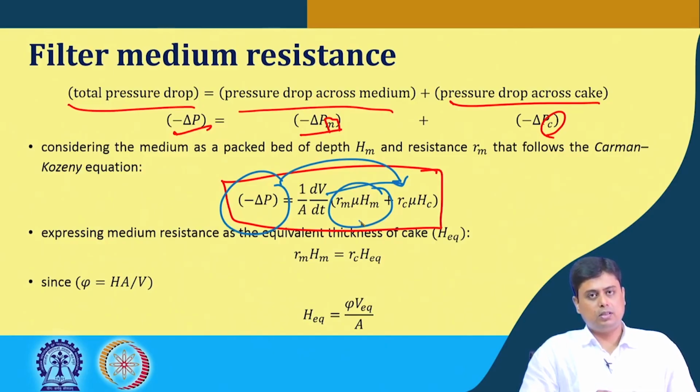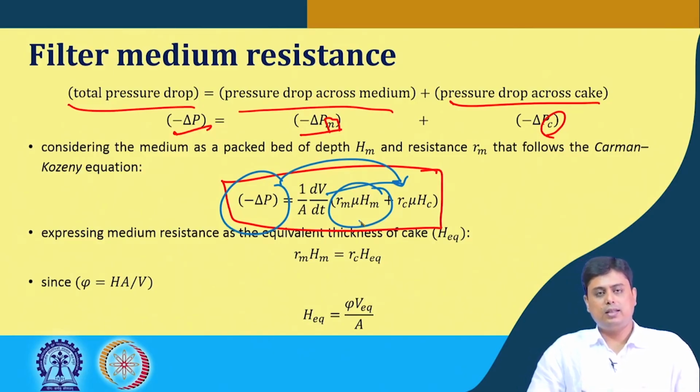Then we have this expression: minus del P equals 1 by A dV by dt multiplied by the summation of Rm mu Hm plus Rc mu Hc. I hope this expression is clear.